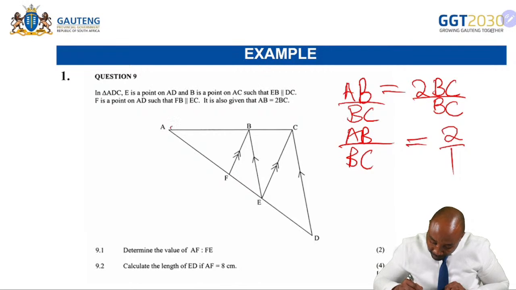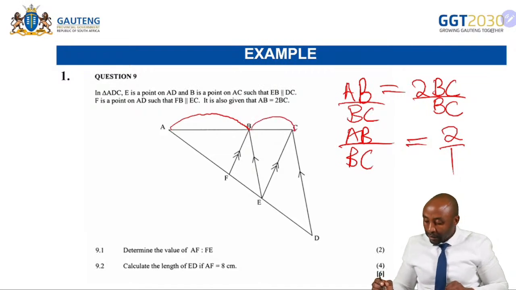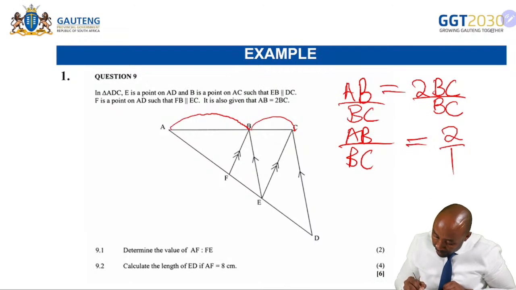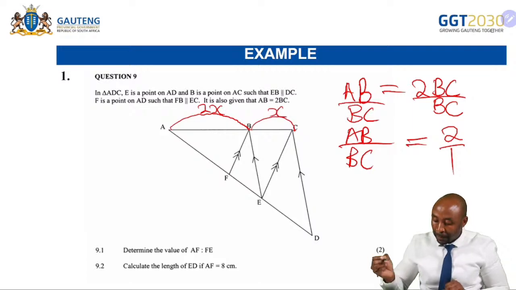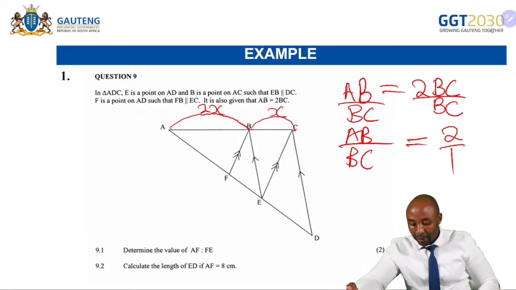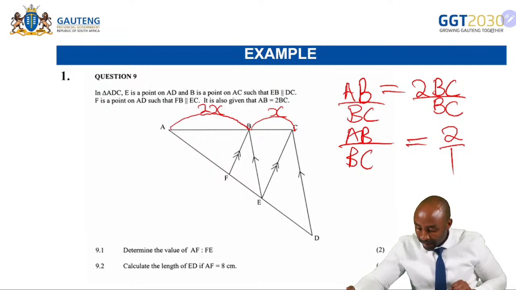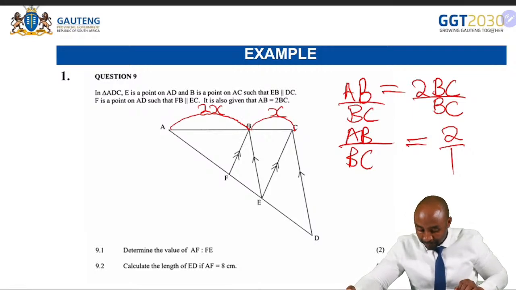AB is that part, BC is this part. Because I'm using ratios, I will use a letter of the alphabet to represent my solution. If I use letter X, this becomes 2X and that one is X.